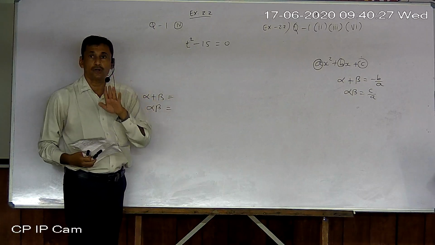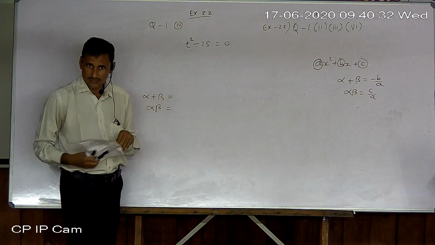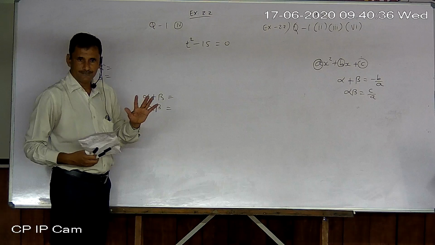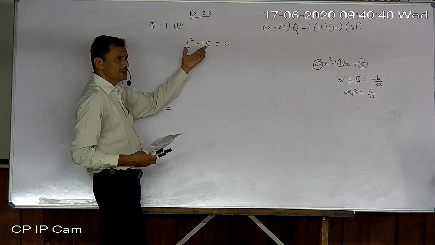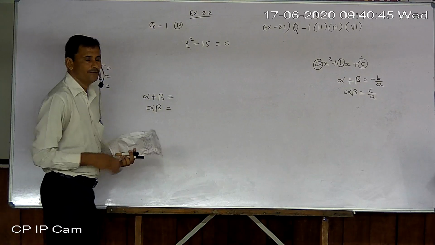Again, it is not a quadratic trinomial, so don't just go 1, 2, 3. Questions 1, 2, 3 and 6 are all of one type. Without the splitting method, we can solve it.